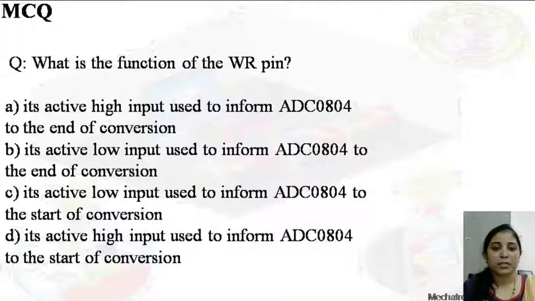Third option is it is an active low input used to inform ADC 0804 to start the conversion. And the last option is it is an active high input used to inform ADC 0804 to start the conversion. So dear students, the right answer for this question is option D. It is an active high input used to inform ADC 0804 to start the conversion.